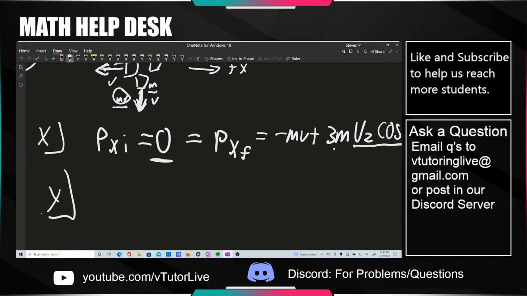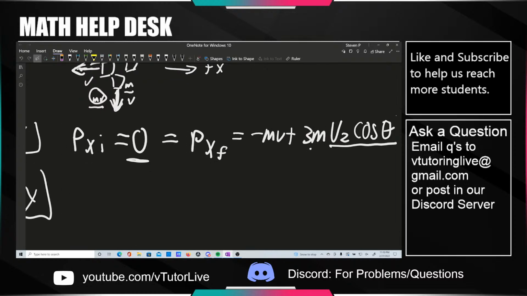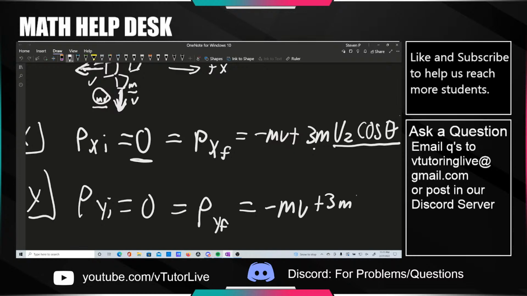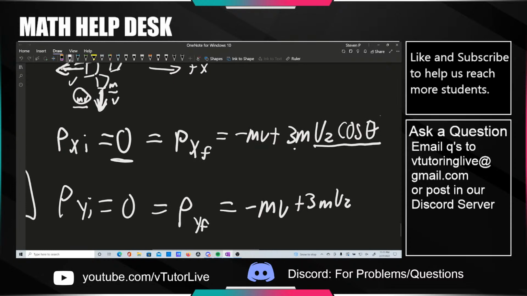But if you did not see the symmetry with the theta and wanted to go through the full problem, you would basically do something incredibly similar with yi is equal to 0 is equal to yf. And this is equal to minus mv because of this thing going downwards, right? Plus 3m v2 sine theta.